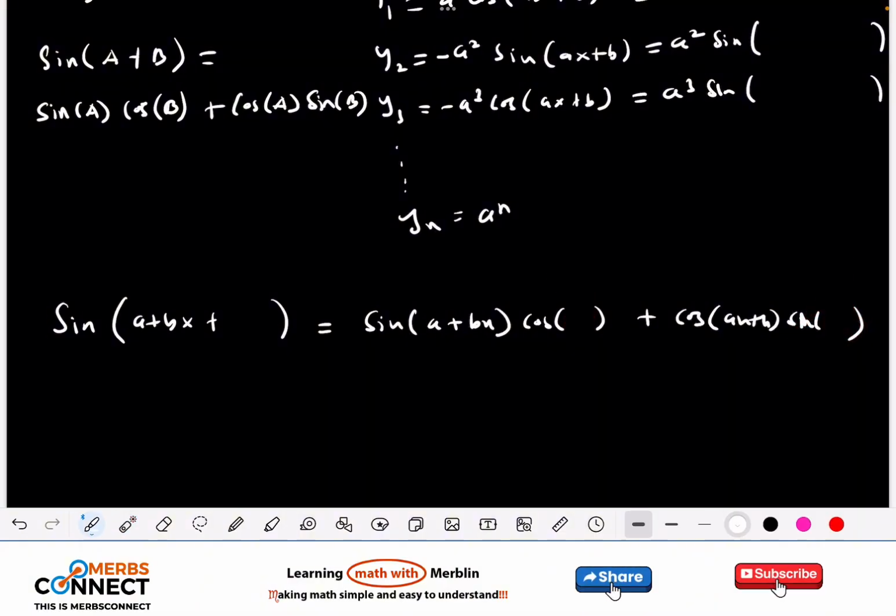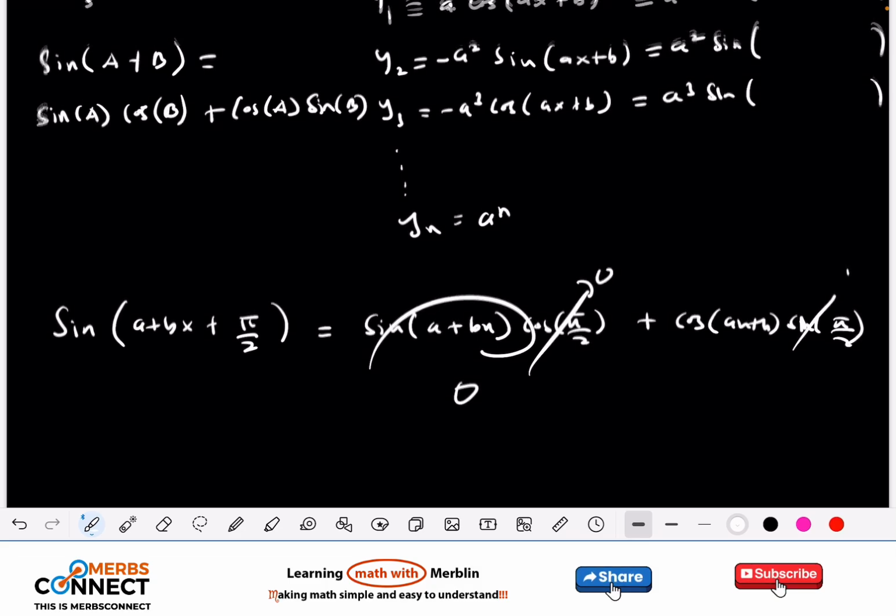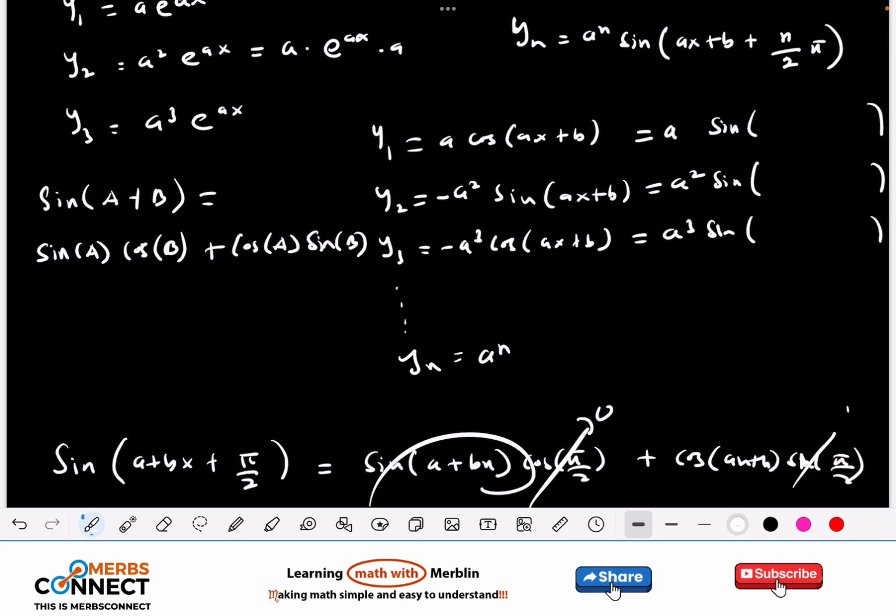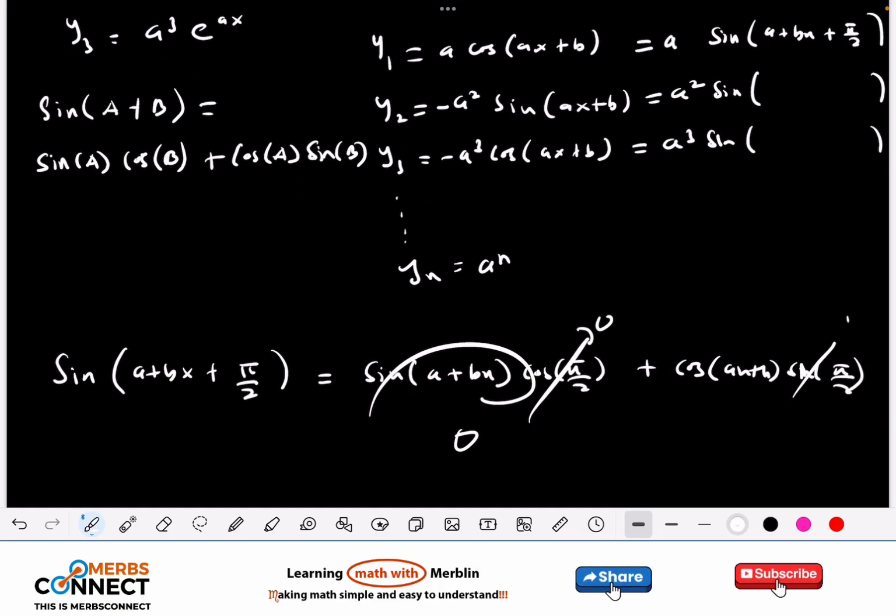So the only thing that we can pick is 90 degrees, because we know that cos 90 is 0 and sin 90 is 1. Since cos 90 is 0, this term will be 0, which will make everything here 0. Then this one is 1, which will be left with this. So it means that this can be written as sin(ax + b + pi/2).